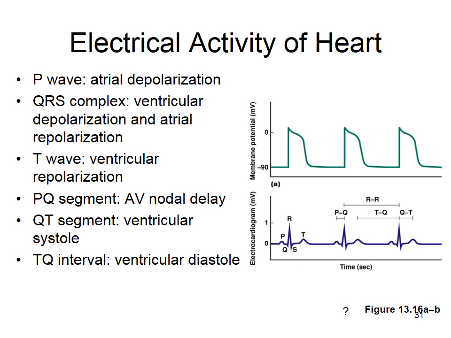The difference between P and Q shows you that AV nodal delay, so that the atria contract as a unit and then the ventricles wait until the atria are done. From the QRS complex to the T wave is what's called ventricular systole, when the ventricles are contracting.